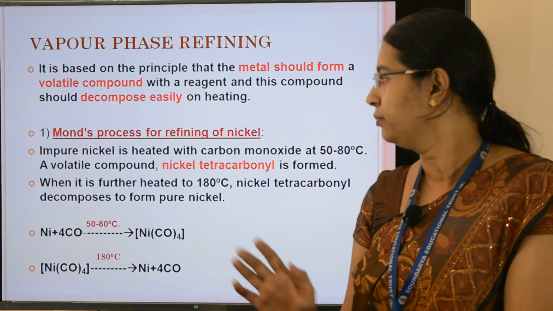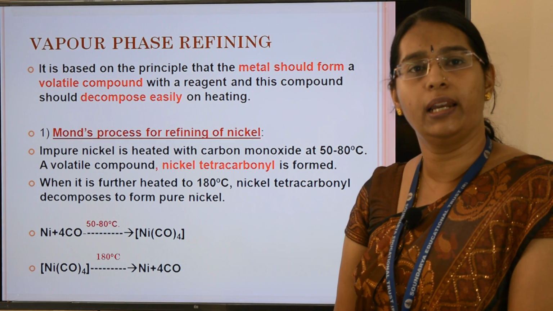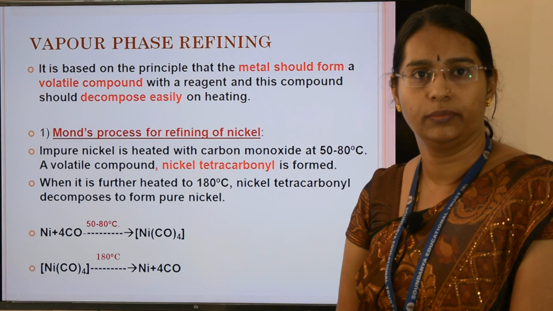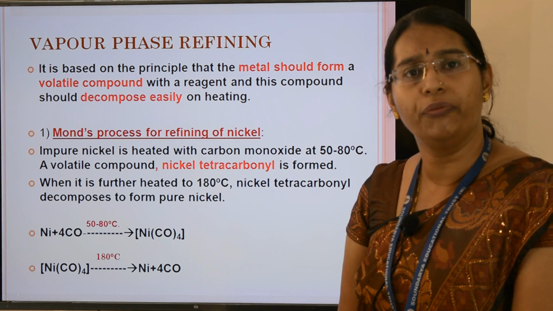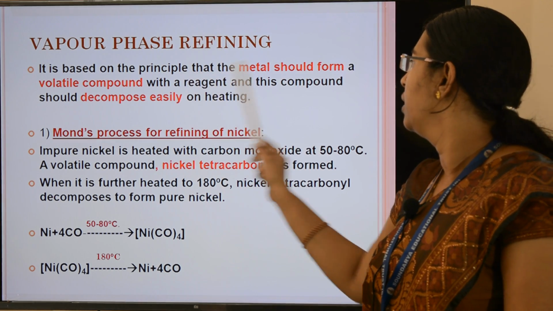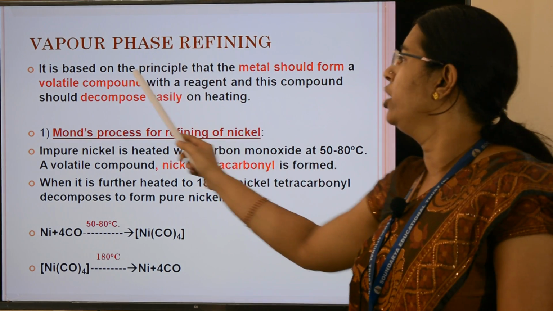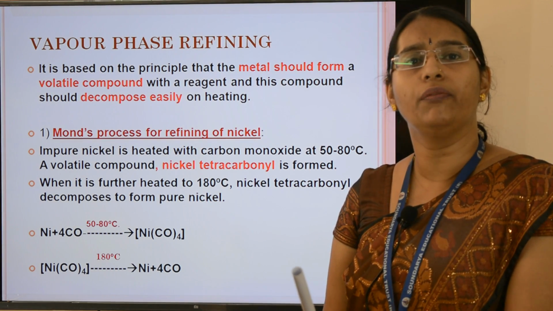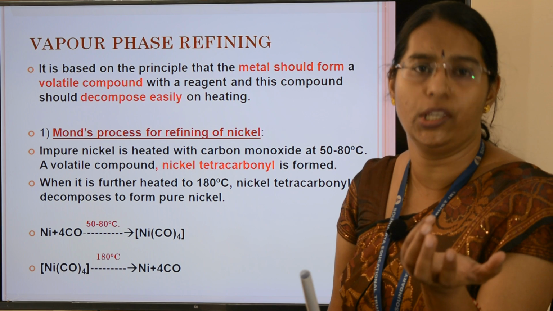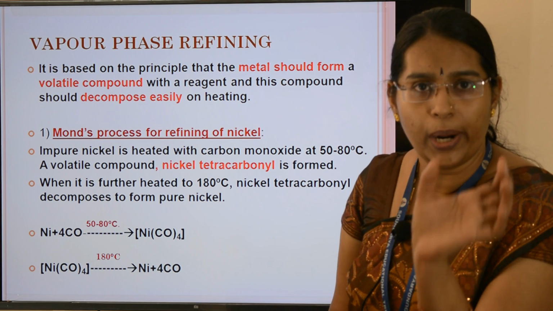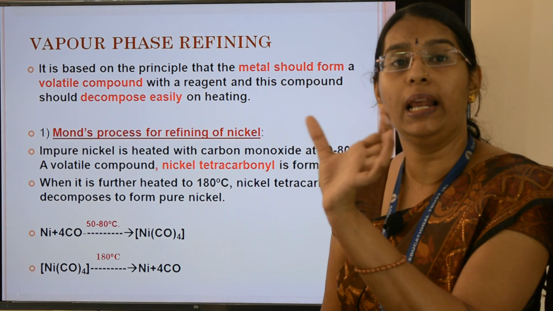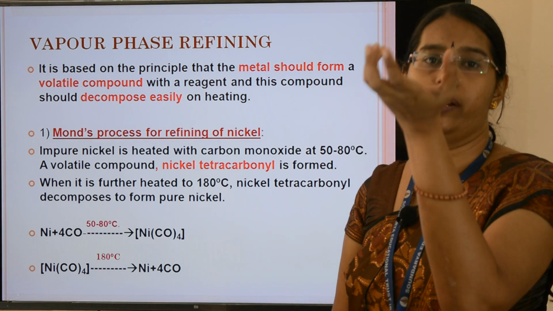Okay. So the next technique is the vapor phase refining method. The main principle of this technique is that the metal initially should form a volatile compound by reacting with a suitable reagent, which easily evaporates off.